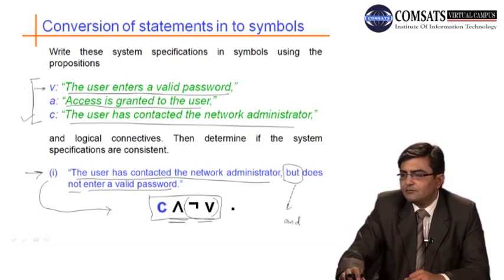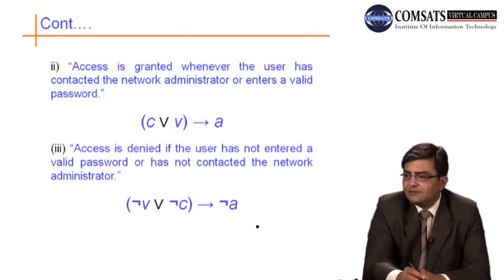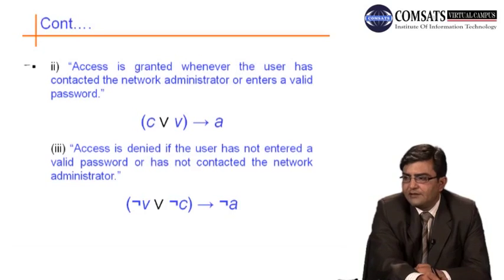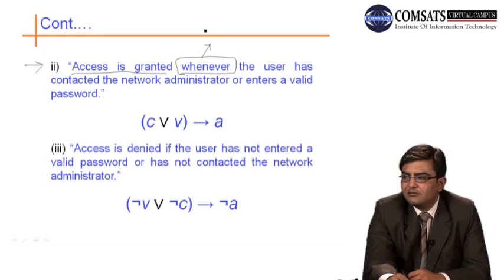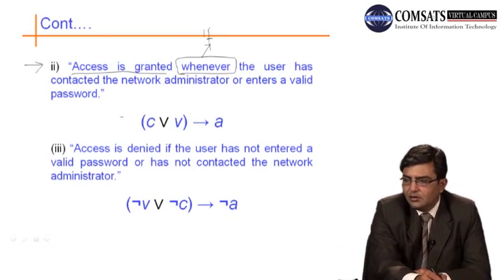Another example. There is a second sentence, or you can say statement: access is granted whenever. So whenever is basically here a connective. I have told you that whenever is used for if. Whenever is usually used for the if in English sentences.